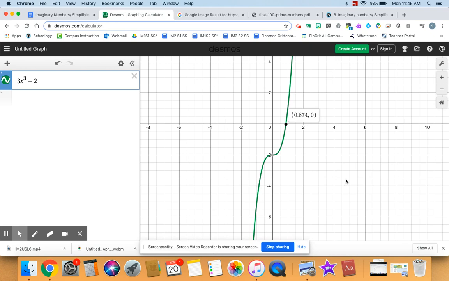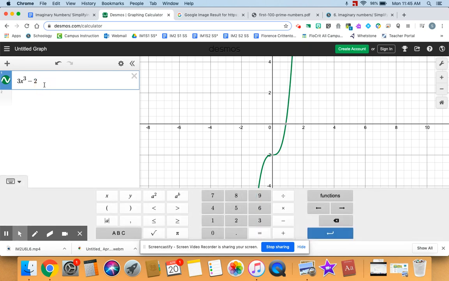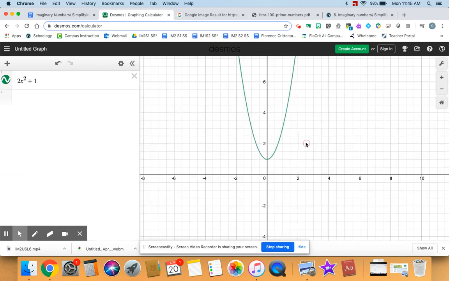It doesn't really matter. Just know that there's always 2 x-intercepts, even if your quadratic looks something like, I don't know. So this one, it has no x-intercepts when you look at it. It's above the x-axis.